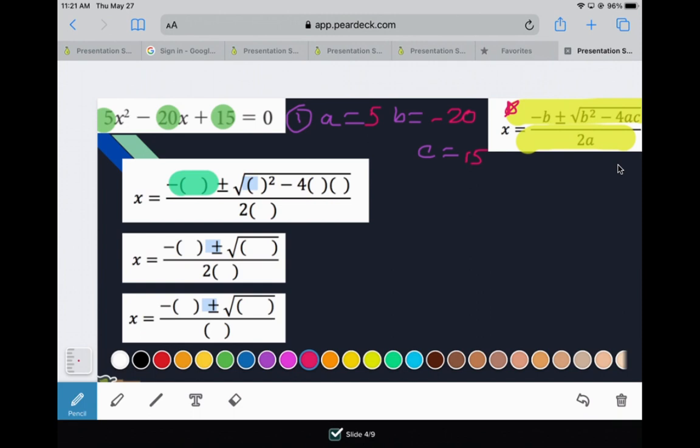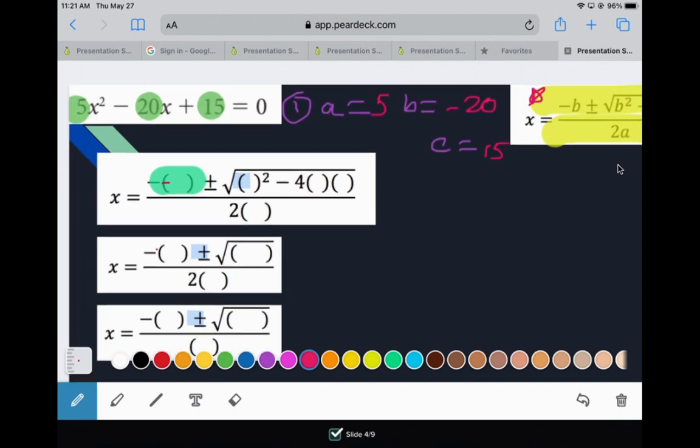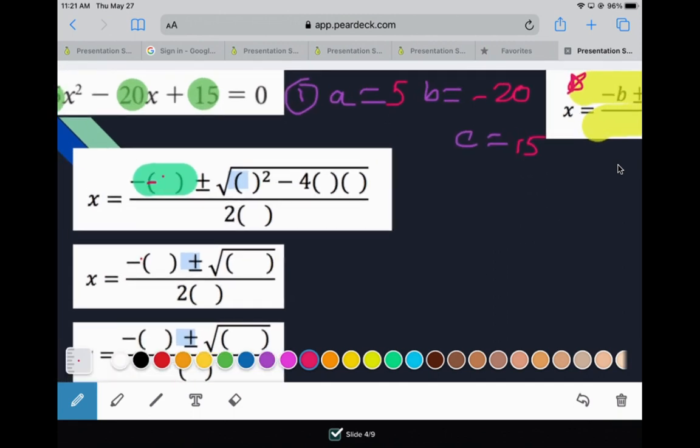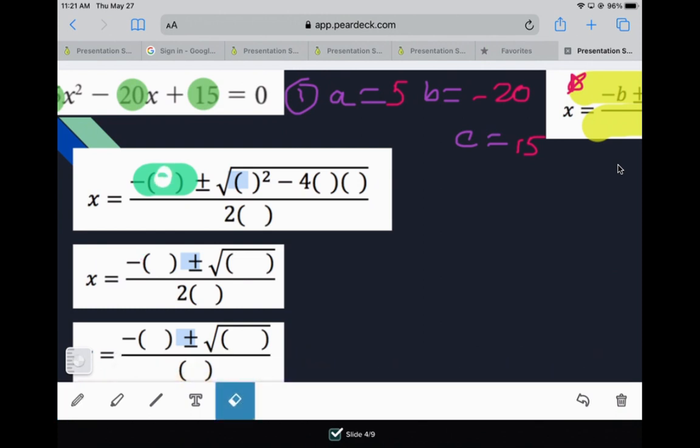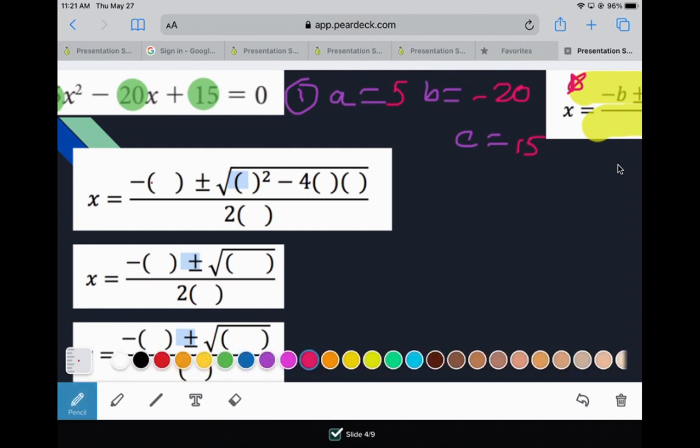It'd be useful if you follow along and then you know what to put in. It's not just 20, it's negative 20. Thank you, Abby. Negative 20. So when I notice it's negative 20, I will put in negative 20. I need to write this a little bit bigger, okay? So negative 20.